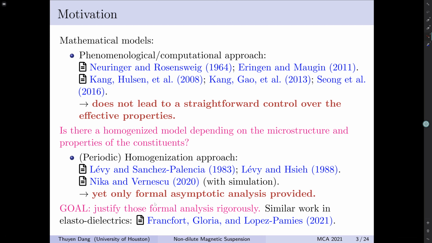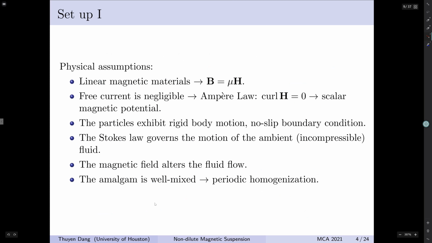Okay, so let me go over the modeling part. First we have some physical assumptions. We assume that the materials are linear. That is, the magnetic field B and the magnetizing field H are collinear, so you have this relationship, and usually mu is called the magnetic permeability.